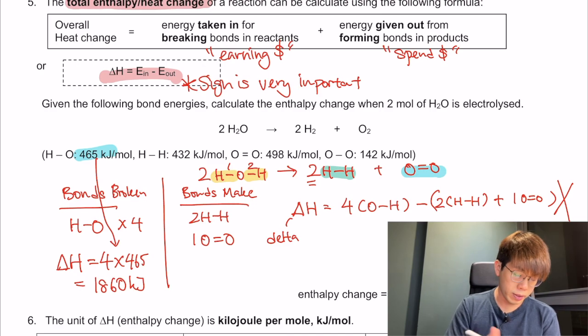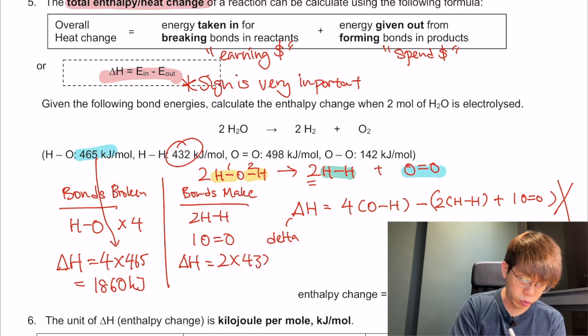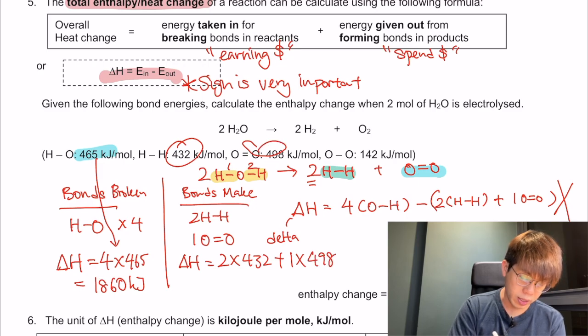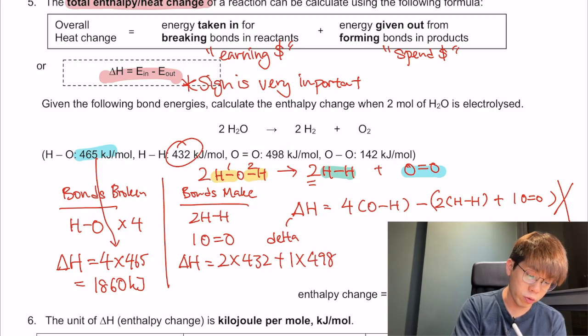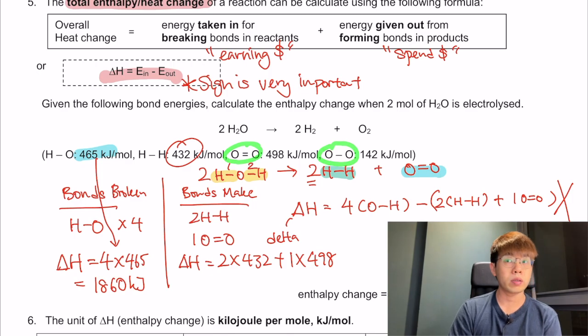Then what about the other side? The other side, delta H is equal to 2 times this one here, 432, plus 1 times this one here, 498. Please be careful when you look at this. We want the O=O double bond and not the O-O single bond. It's not the same.